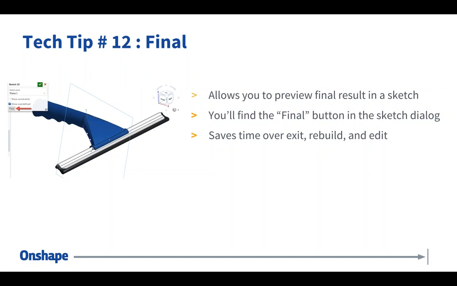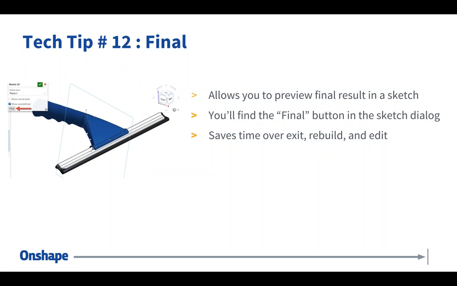And the big thing is you can edit a sketch and see its impact on the entire design live. And the reason that's so important is, again, if you edit a sketch, click OK, let it rebuild, figure out it's not what you wanted, then you have to edit the sketch again, change it again, rebuild again. So it creates this loop that you have to go through. With Final, you see it update live and you don't have to do the back and forth.